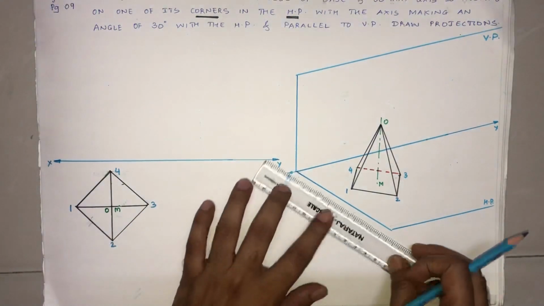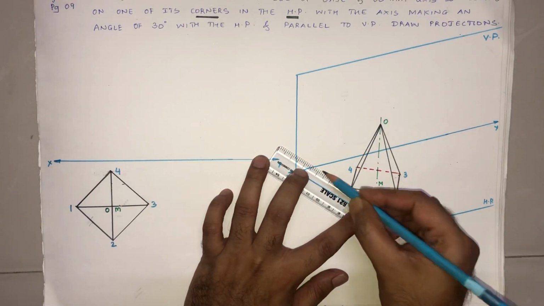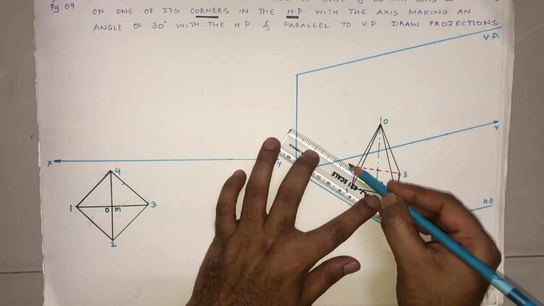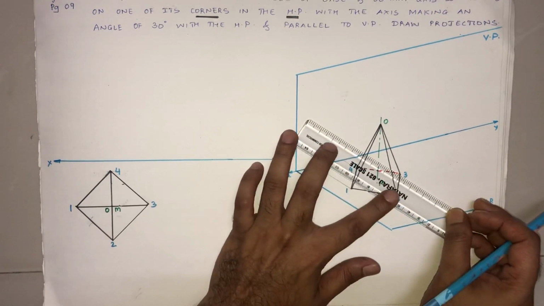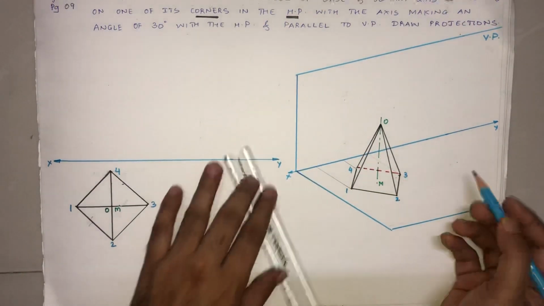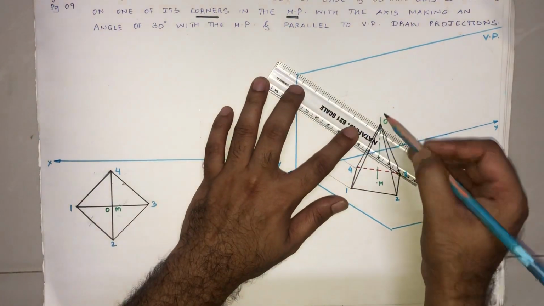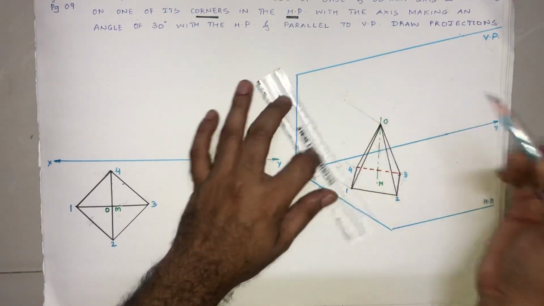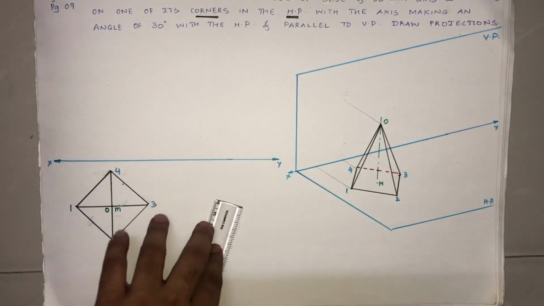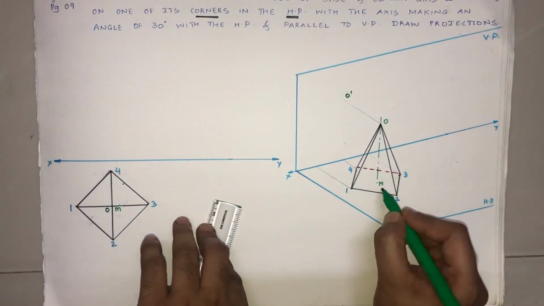I'll just try and project this here so that we are able to see what the front view will look like. Yeah, I'm just going to do some projections here. So I'm projecting all these points, okay? And I'm going to try and understand how the front view of this solid may look like. So I just projected all the points onto the vertical plane, okay? So O, the front view becomes O dash, okay?